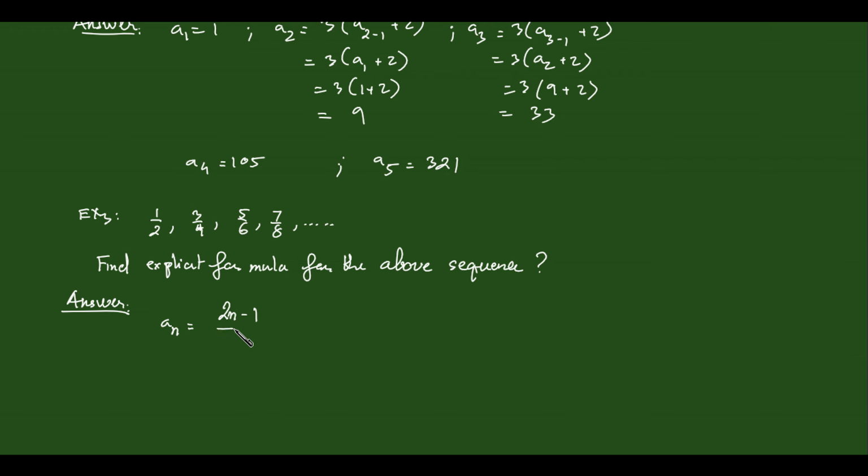And the bottom jumps by 2, so the first term is 2, the second one will be 4, which is 2n. See, if n equals 1, 1 times 2 is 2, n equals 2, it will be 4. So the bottom is easy to find.